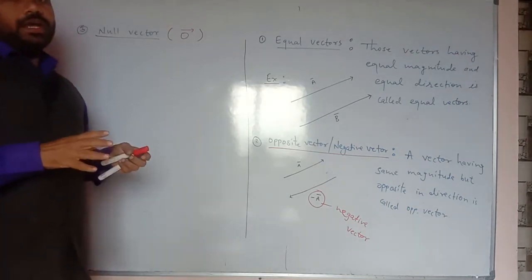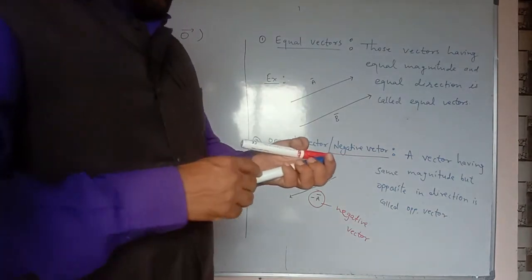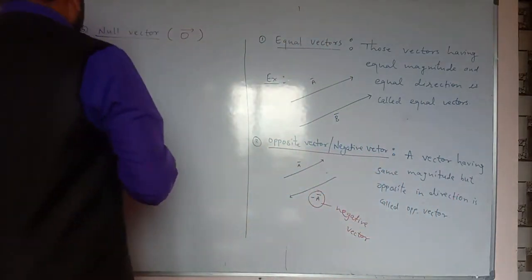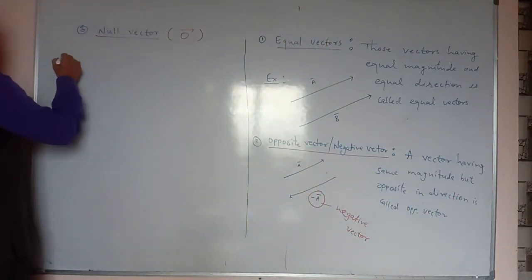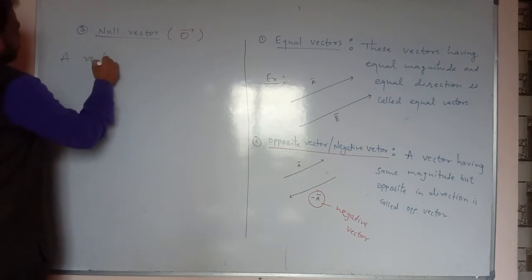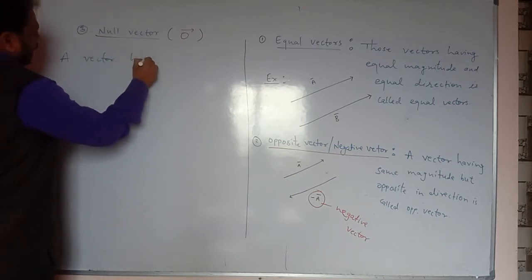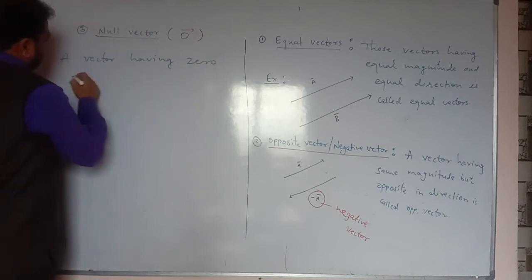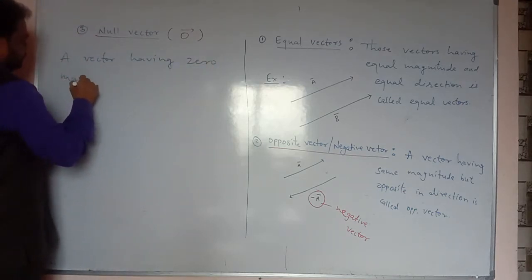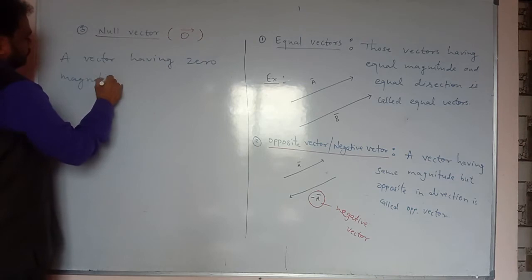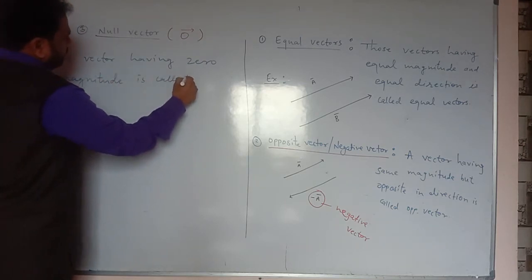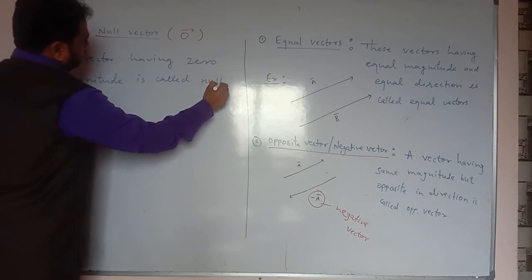So the vector having zero magnitude, the vector whose magnitude is zero, what do we call it? Null vector. So we can write here: a vector having zero magnitude is called a null vector.